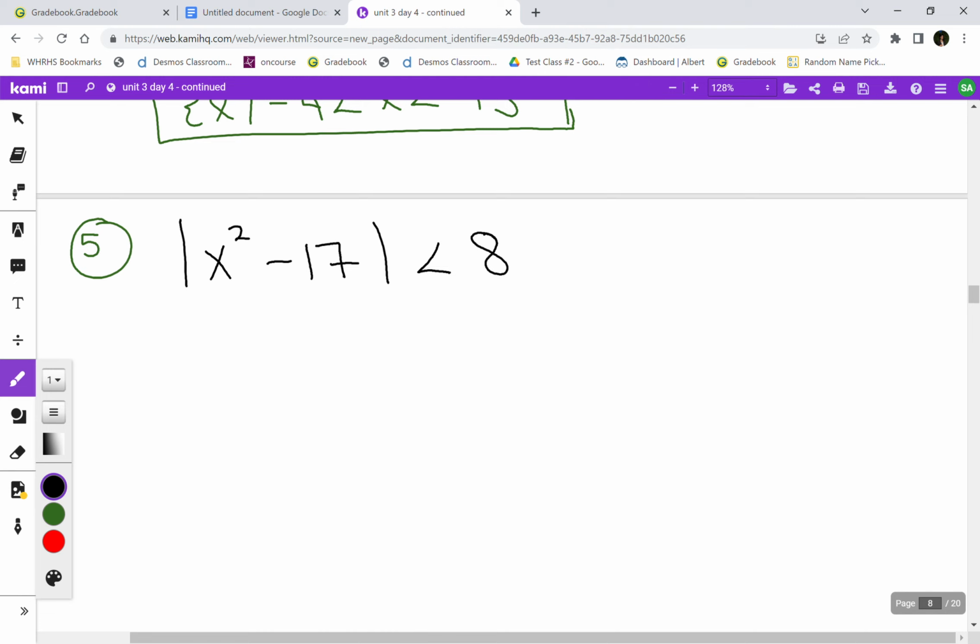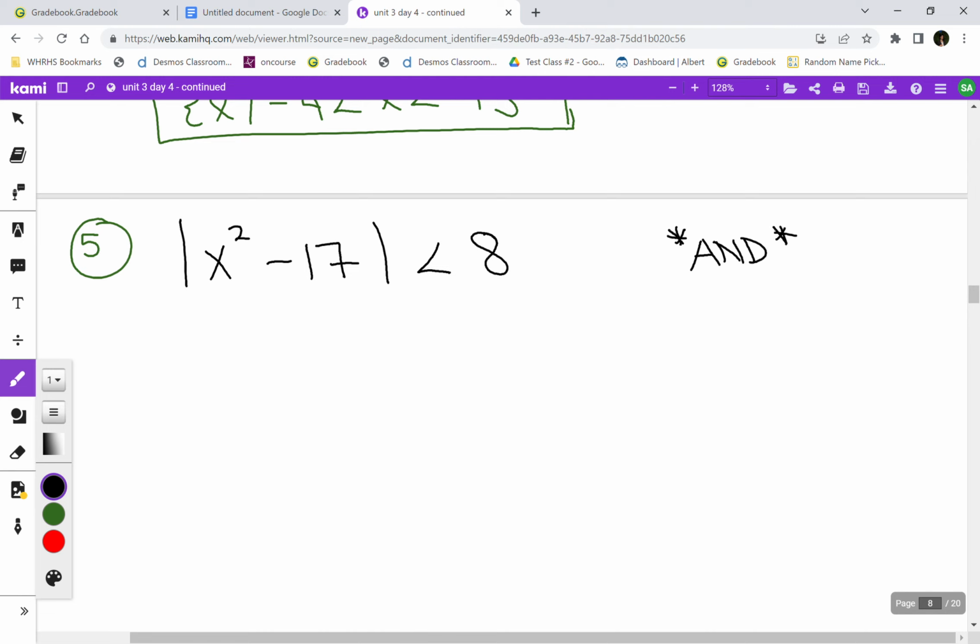What do I hope more than anything? When you see quadratic inequality, what should you be thinking? Test the regions. Thank you. I want you to be thinking test the regions. But even more than just the quadratic inequality, now I've thrown another curveball in here and I put the absolute value. So now we have to remember absolute value inequality. If it's less than, what word goes with it? And. Remember, less than is and. Greater than is or.